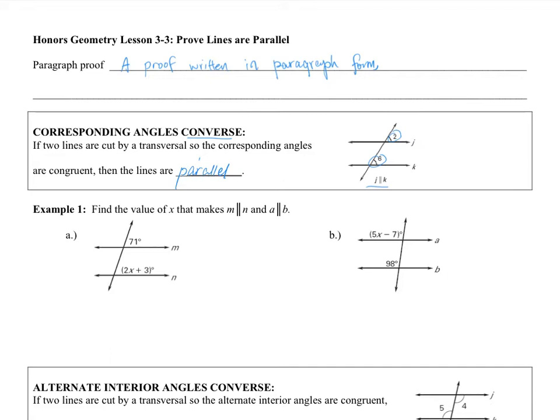Okay, let's look at example 1. Find the value of x that makes m parallel to n and A parallel to B. So in order for M to be parallel to N, we need to make sure that these two corresponding angles are congruent. So we can just go ahead and set them equal to each other.